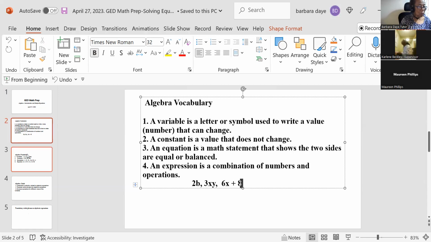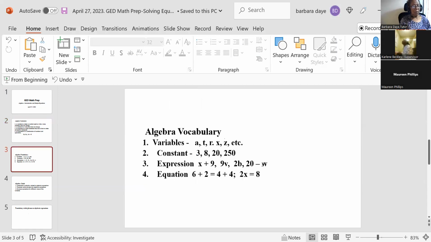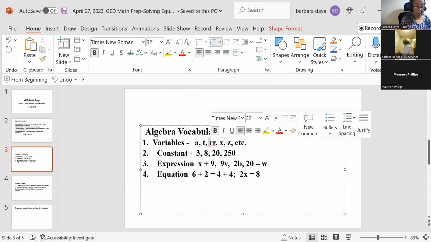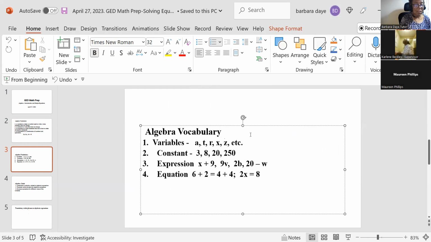So let's go to the next. Now, I'm just giving you some vocabulary with how we represent the variables. A, T, R, X, Z, etc. Those are variables.